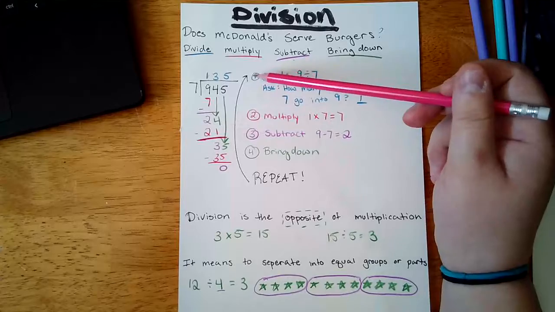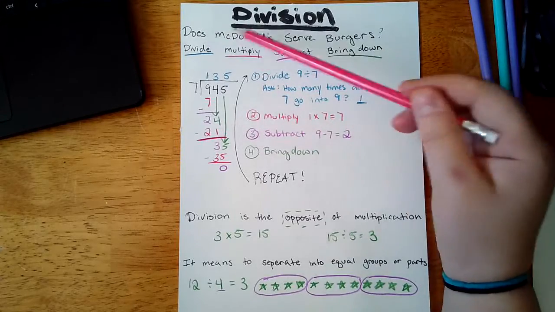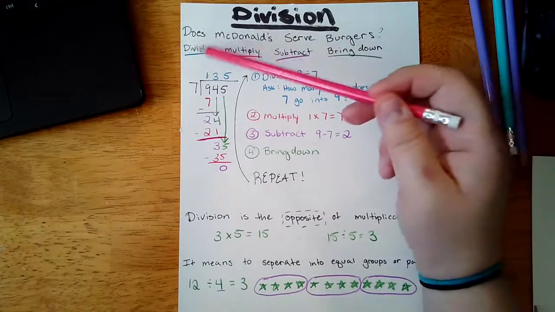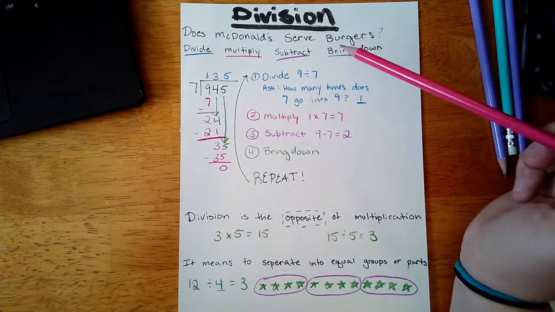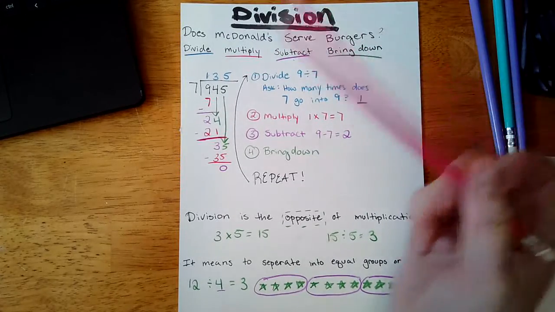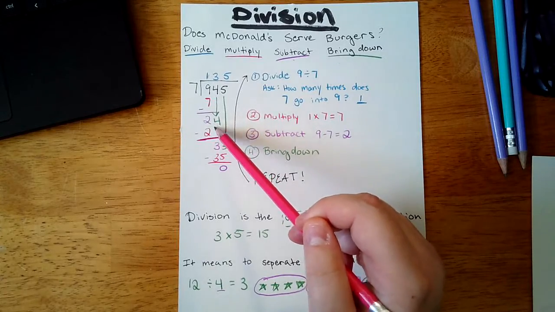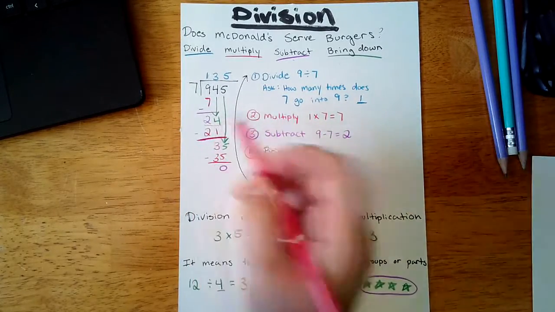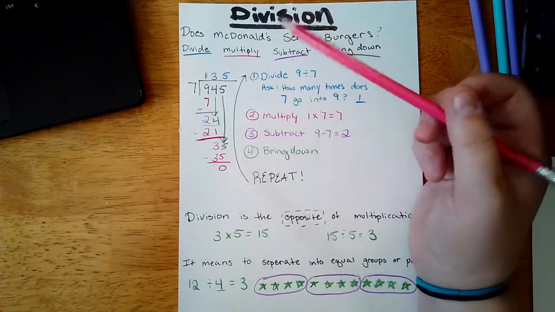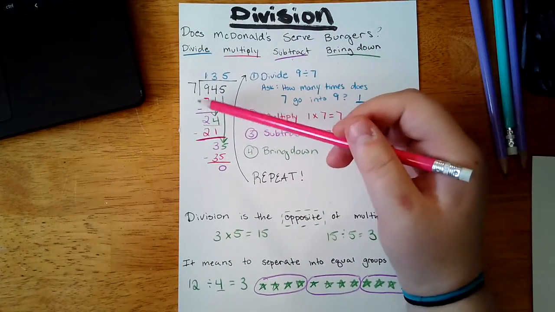Then, once we have done steps 1, 2, 3, and 4, divide, multiply, subtract, and bring down, we're going to repeat this whole thing. So now we have this whole number 24. So we're going to ask ourselves, 24 divided by 7.